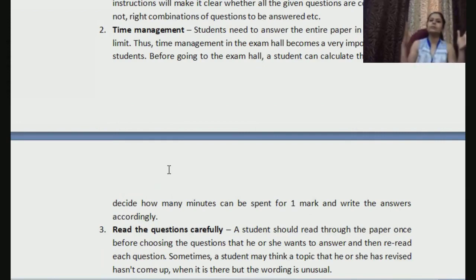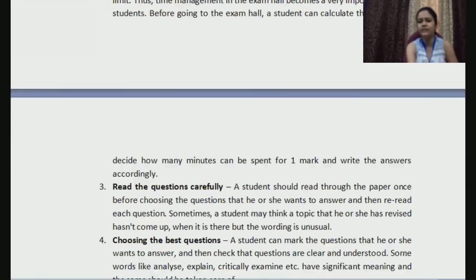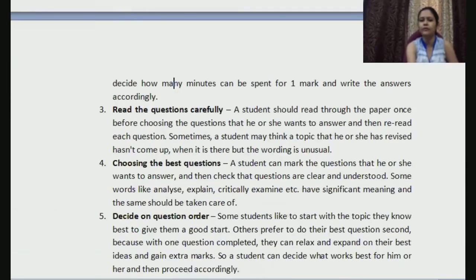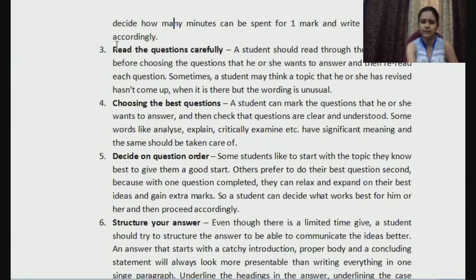So before going to the exam hall we can decide everything, so that it becomes very easy to figure out how much we need to write in how many minutes. If you say, okay, fine, I can invest hardly 15 or 20 minutes for writing a 10-mark question, that will be in your mind and you would be able to write very fast, right? So time management is a very important skill that we should develop, and we should plan everything beforehand, before going to the exam hall.